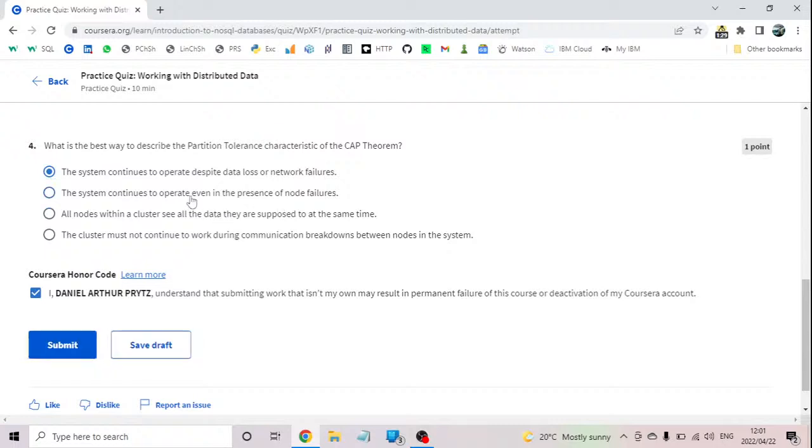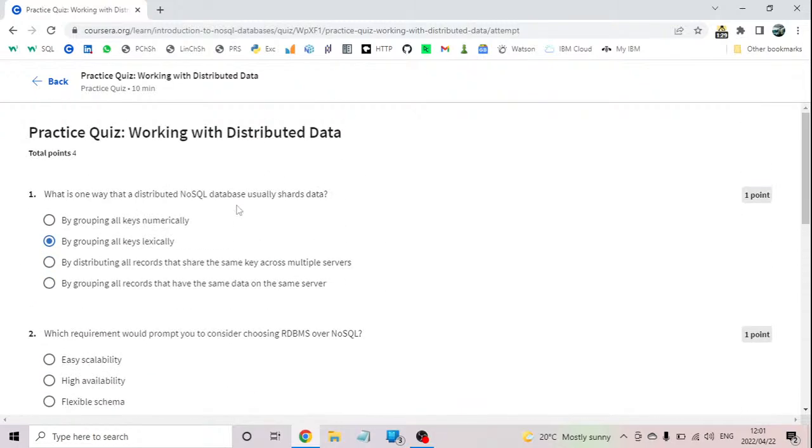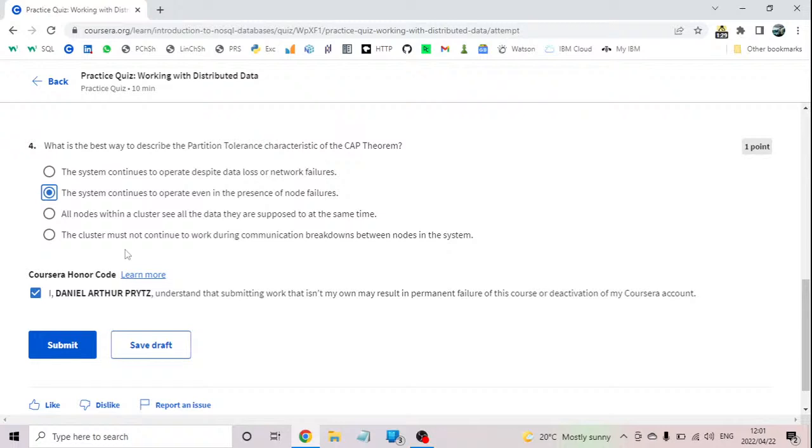Okay, that is a bit easy. Node failures doesn't make sense. All nodes in the cluster see the data, that's just consistency. Okay, so that's that, right? Isn't this correct?